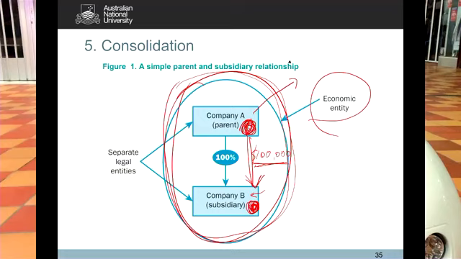So we need to eliminate this 100,000 until it is really sold to another party outside of the group. Otherwise, that will be just an overstated profit for the group. Is that okay? So that's why we need to consider this as a group instead of each individual entity. Just conceptually, you can understand why we need to do that.